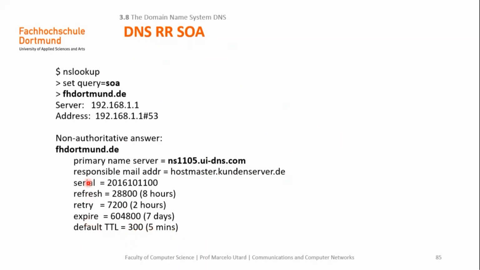But there are 4 other numbers that are very important to the synchronization, to the update of the information between the primary server and the secondary servers. This is the serial number, this is the refresh number, always specified in seconds, the retry number specified in seconds, and the expire number specified in seconds.